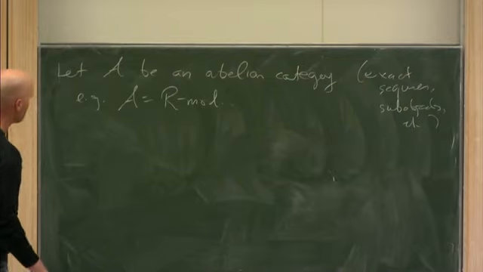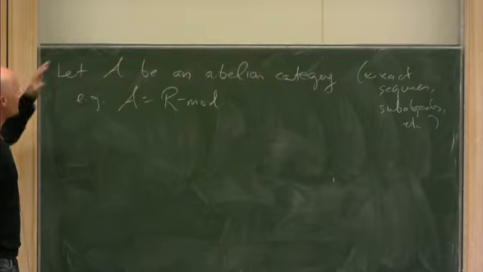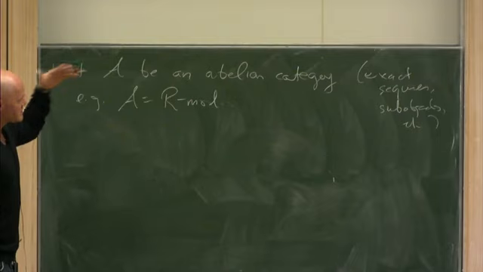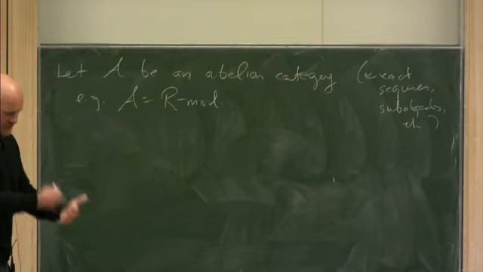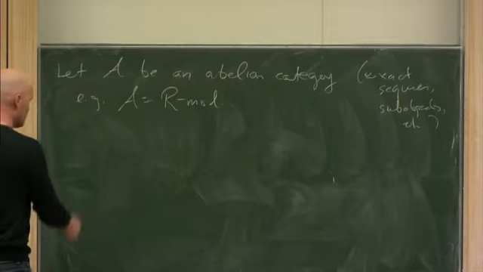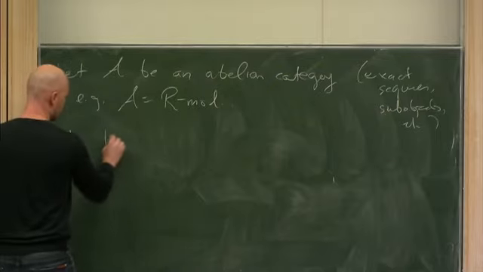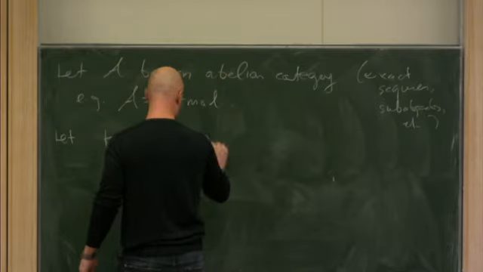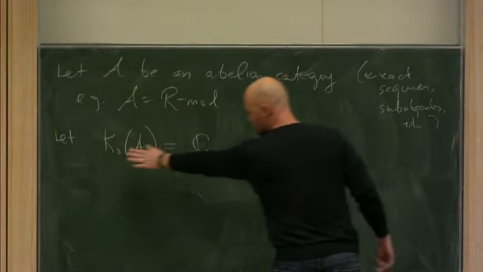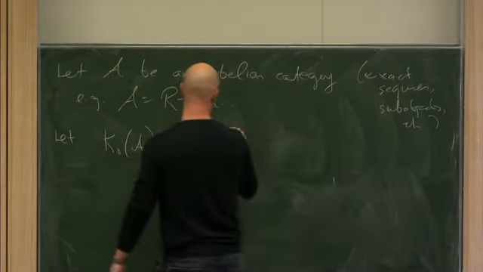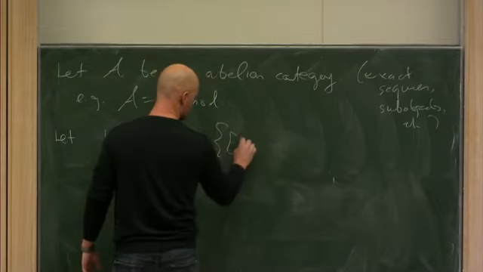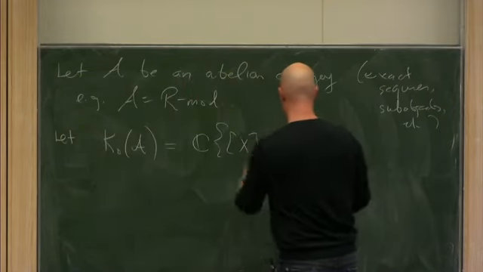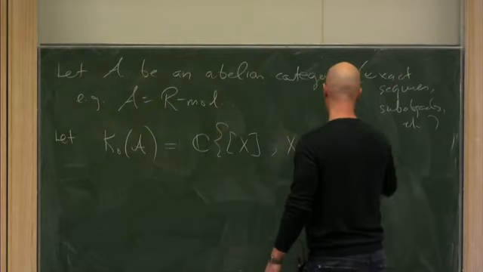Well, one way to think about what kind of group actions you can have on a category is to look at what kind of group actions you get at the decategorified level, so at the Grothendieck group. So let's let K0(A) denote the Grothendieck group. For me, the Grothendieck group is just going to be a vector space over the complex numbers. By definition, it's going to be a vector space spanned by, I'm just going to take a vector for every object of my category.